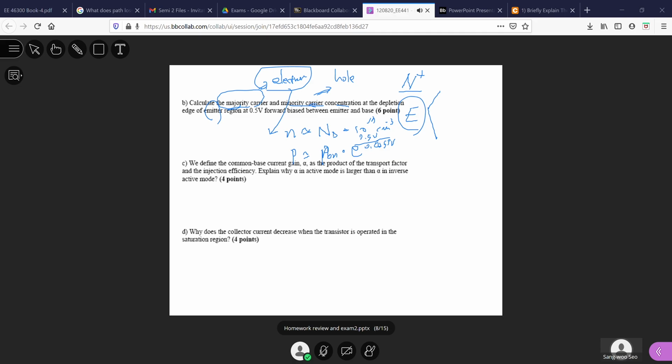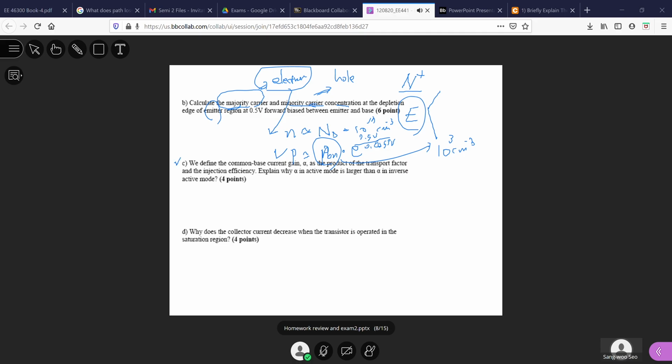And the p0 at thermal equilibrium is, as you know, going to be 10 to the 3. Following this equation, we can calculate the minority carrier concentration. That will be the answer for question B.